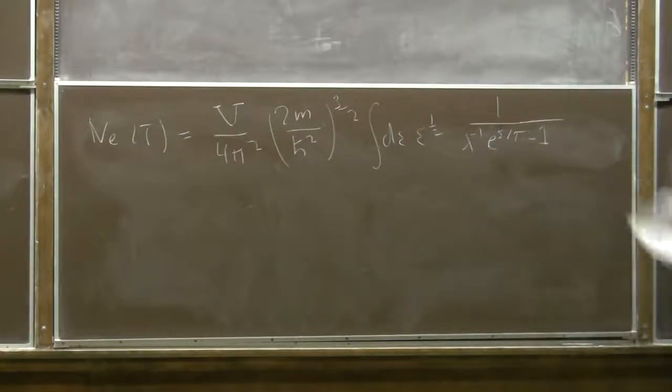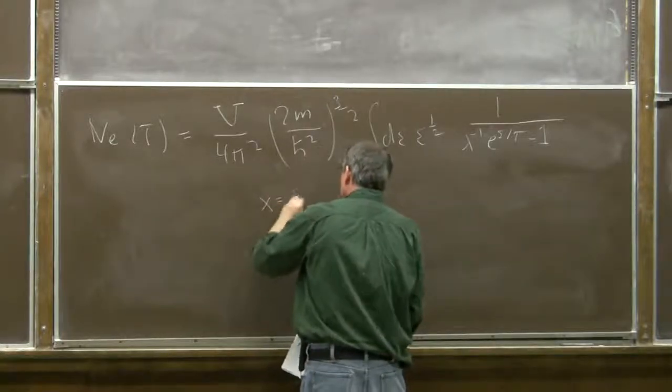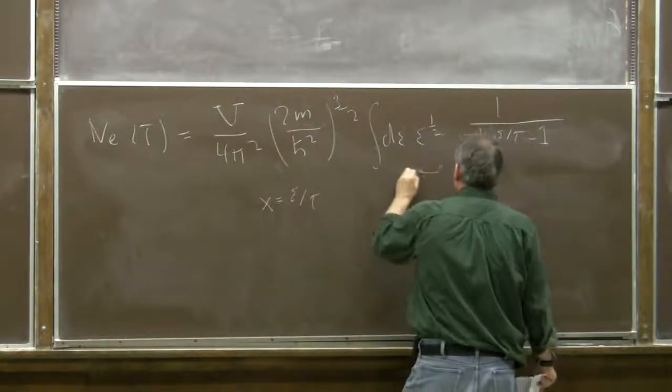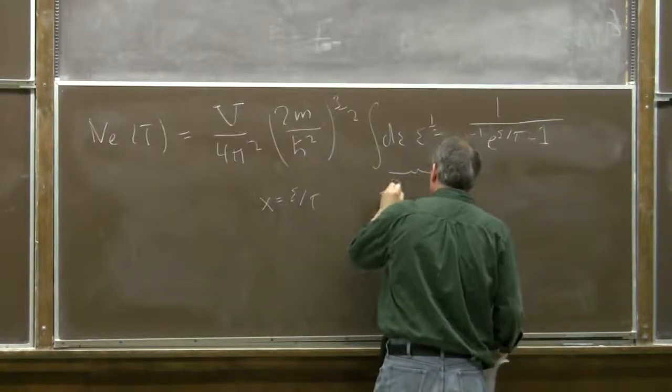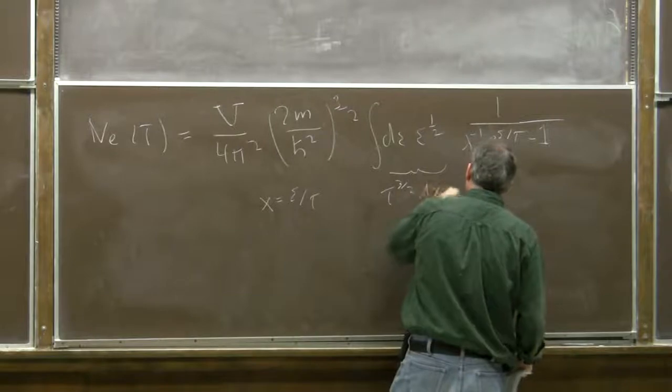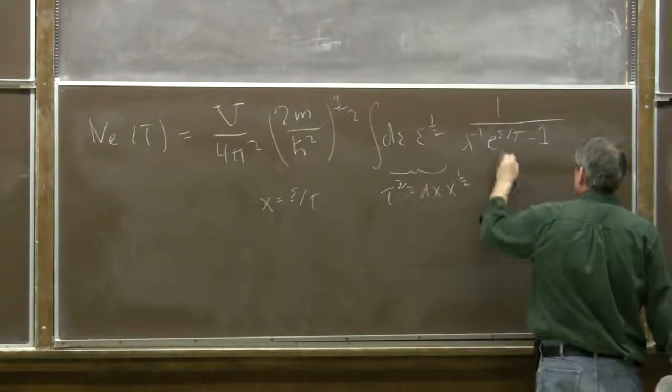So I'd like to convert that integral to a dimensionless integral. Let's let x equal energy divided by tau. So I can write this as tau to the 3/2 dx x to the 1/2, and the exponential is e to the x.